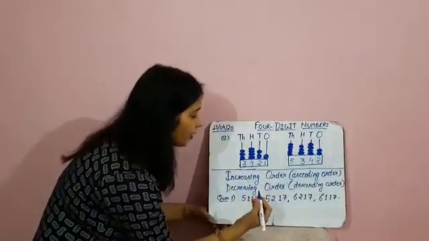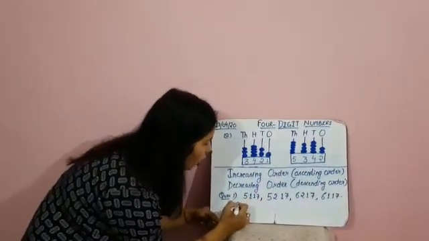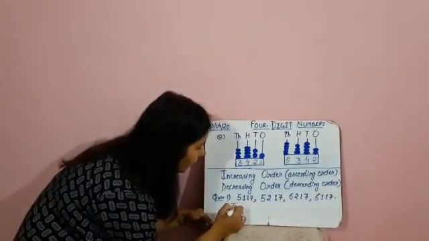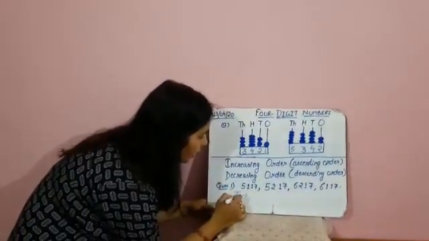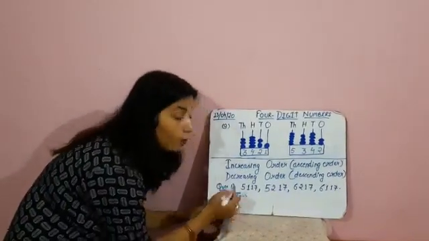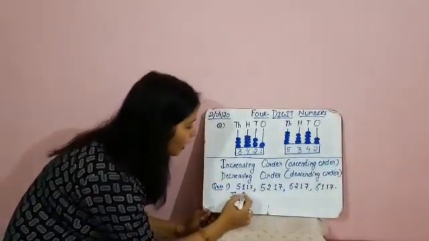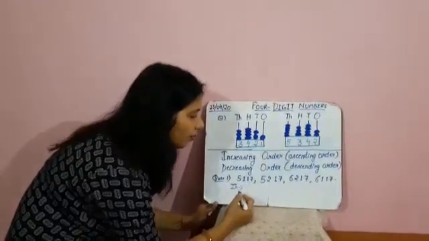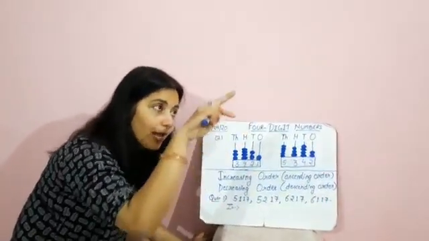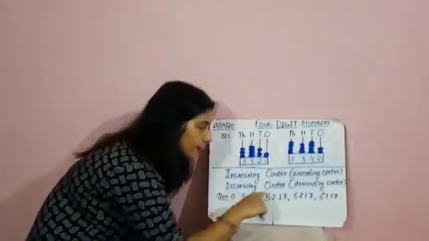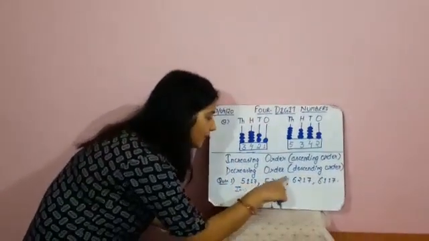First, let us arrange them in ascending order or increasing order. I am writing only IN for increasing. Okay. So how will we write the numbers? I already told you we have to climb the staircase. So first we will find the lowest number.